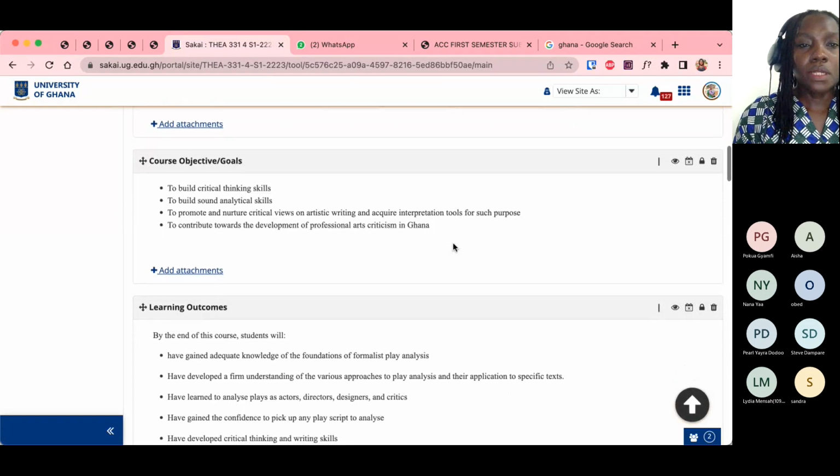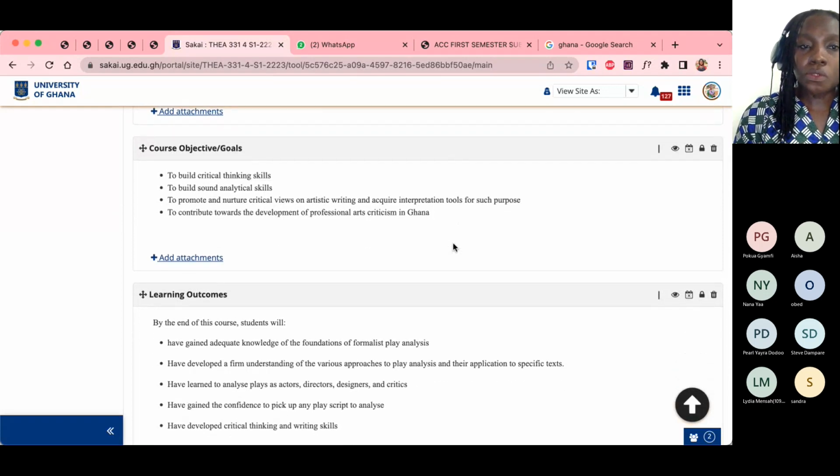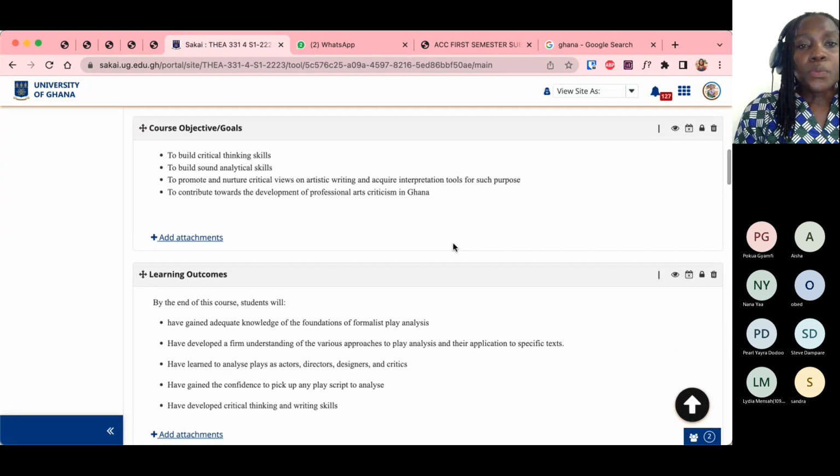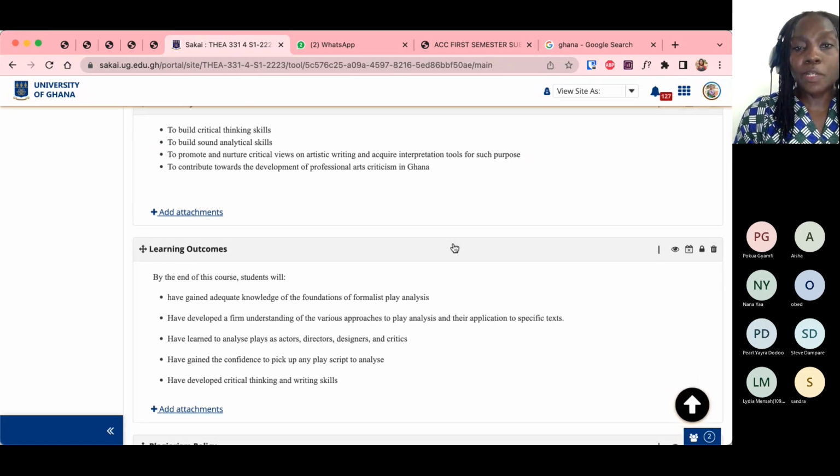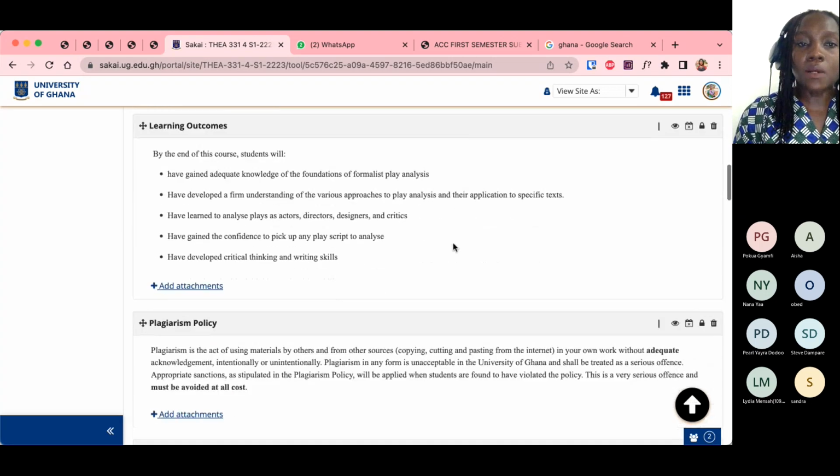Course objectives and goals. To build critical thinking skills, to build sound analytical skills, to promote and nurture critical views on artistic writing and acquire interpretation tools for such purpose, to contribute towards the development of professional art criticism in Ghana. Learning outcomes.